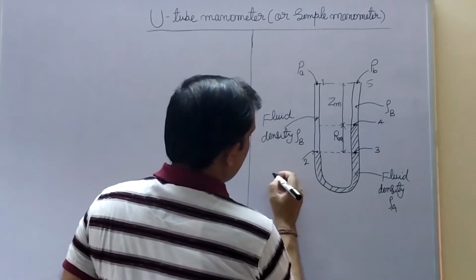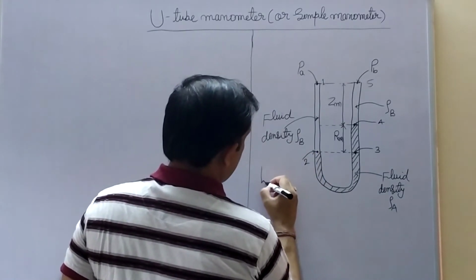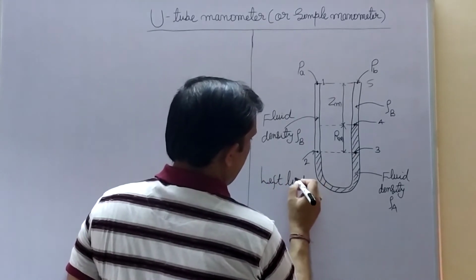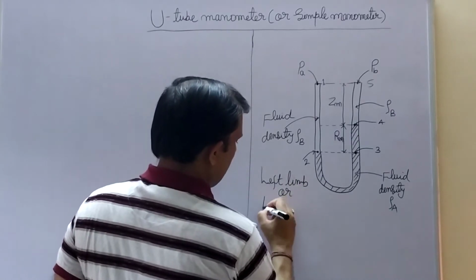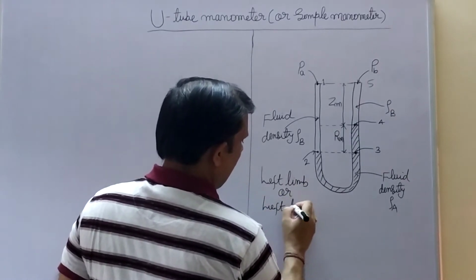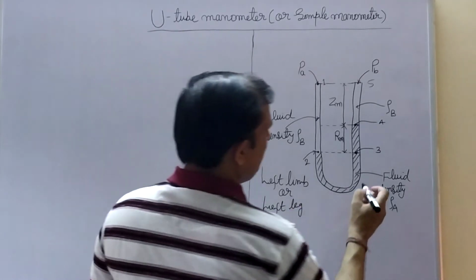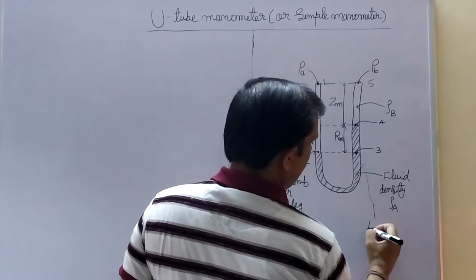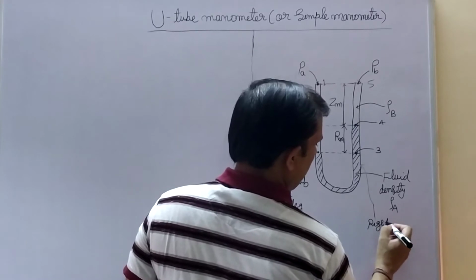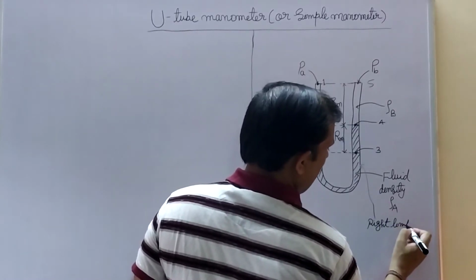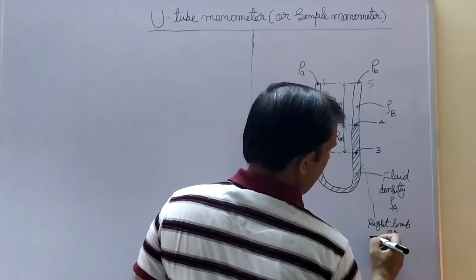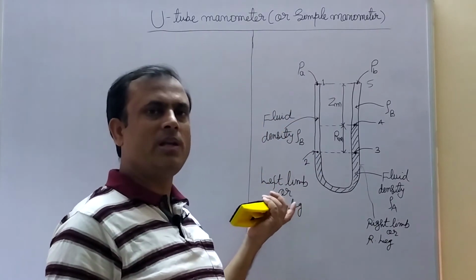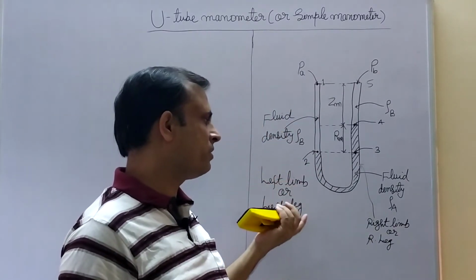So consider this the left limb or left leg, and this is the right limb or right leg. We can use either the limb word or the leg word.